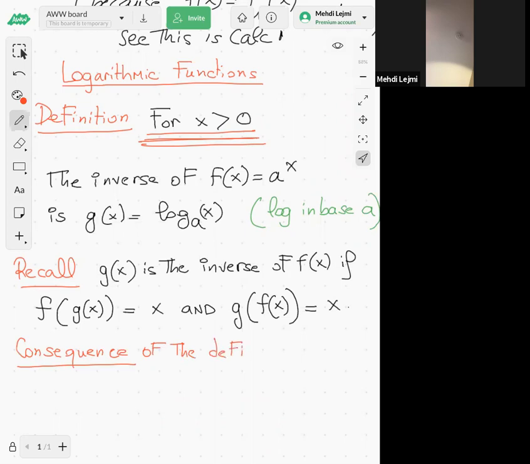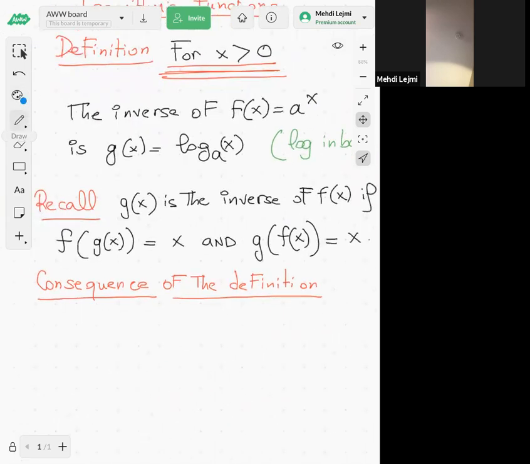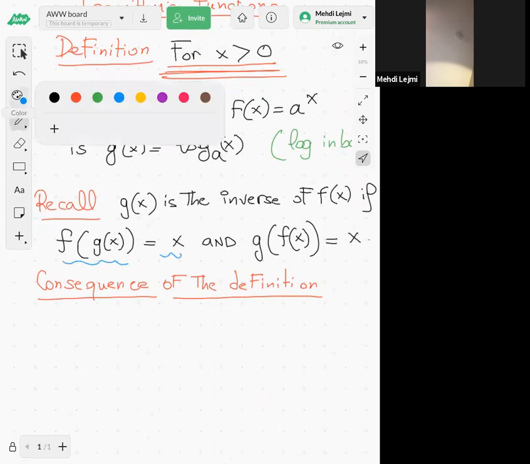First, you have f of g of x is equal to x, right? Your f is the exponential in base a, and your g is the log in base a.